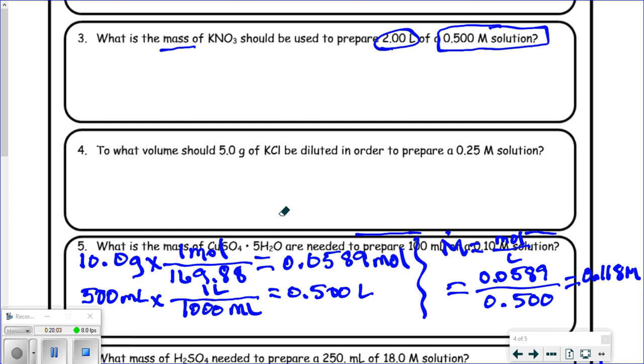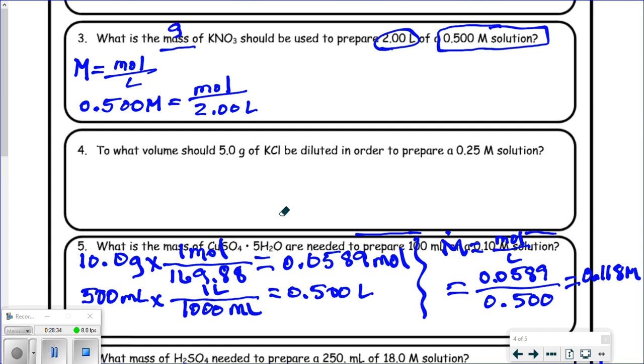If you remember, big M equals moles over liters. So I have 0.500 big M, and I have 2.00 liters. I'm going to solve for moles, and then you do your regular conversion from moles to grams to get the mass, because remember, mass is grams.